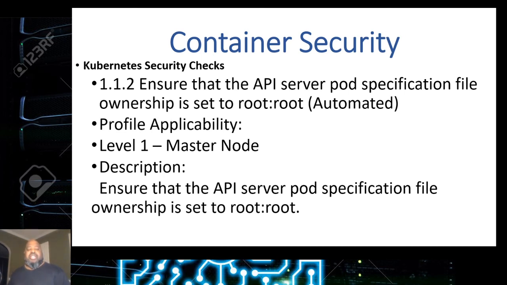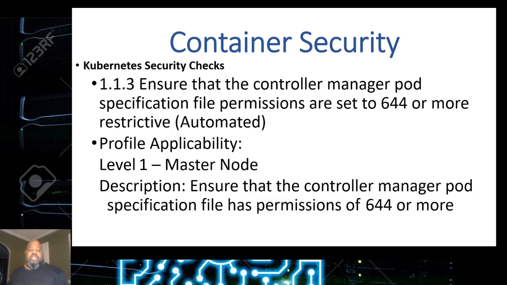Ensure that the API server pod specification file ownership is set to root. You can automate that check. It ensures that only root, or the operating system, can get access to that file. Ensure that the controller manager pod specification, once again, is at 644 or more restrictive.